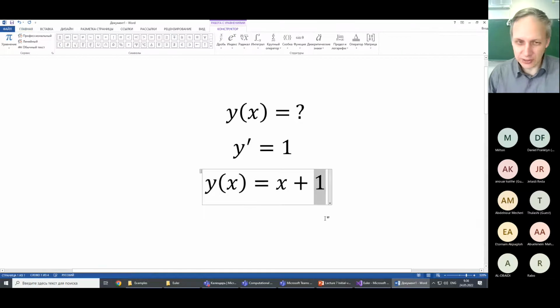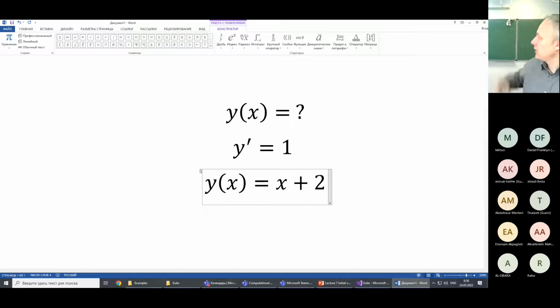But for example, x plus 2. What will be the derivative of x plus 2? Derivative of x equals 1. Derivative of 2 is 0. That's why this function also has the property that y prime equals 1.